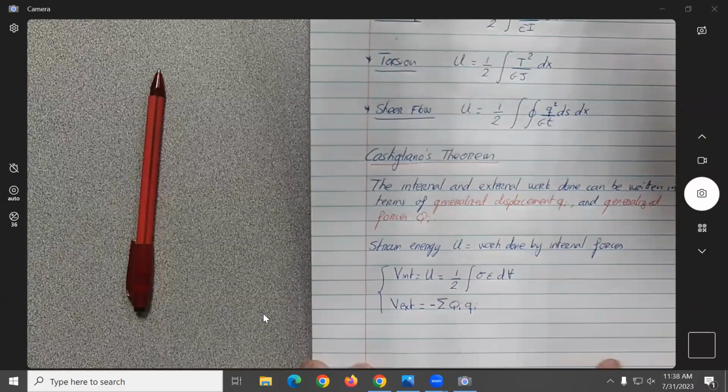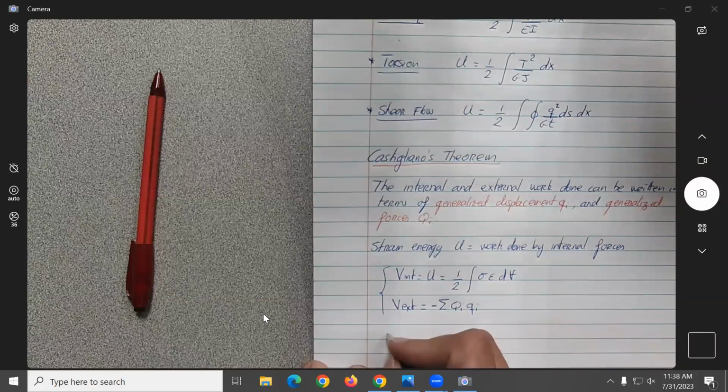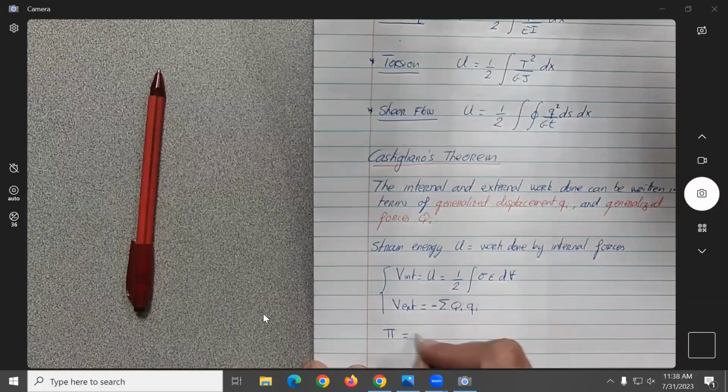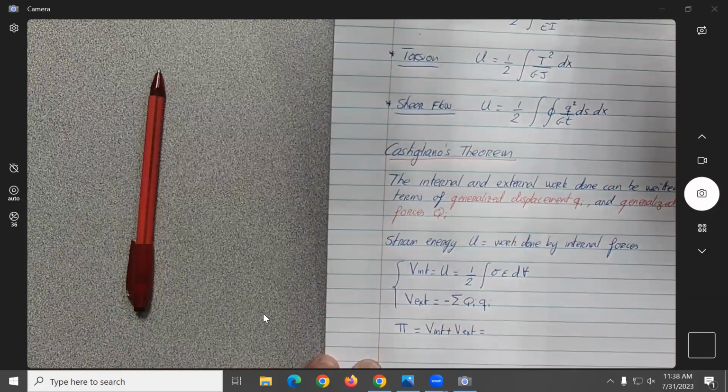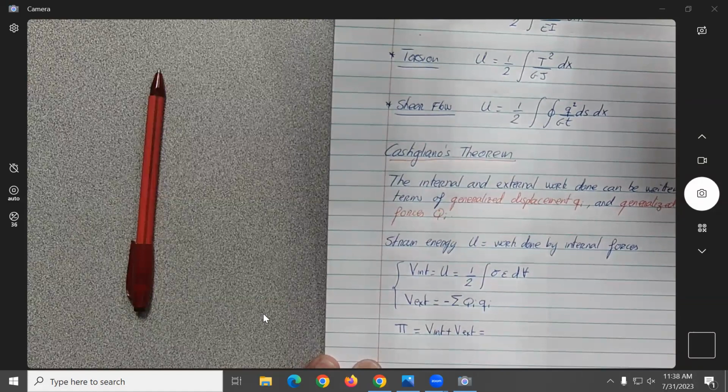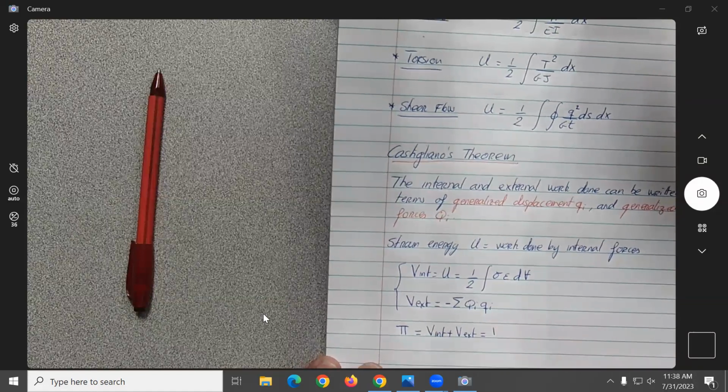All right, so we do all this stuff to define the total potential energy, which is called capital Pi. Don't ask me why, okay? I could change the notation. I could call it just V total, to tell you the truth. But that's the way Castigliano defined it. So it should be equal to what? V internal plus V external.